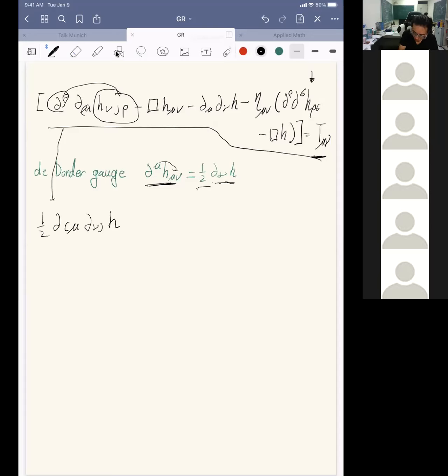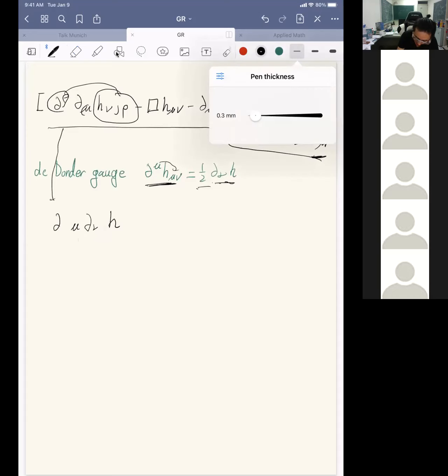But of course this is symmetrized, so there's ∂_μ ∂_ν and also ∂_ν ∂_μ. That just means there's an overall factor of 2, and I can erase this symmetry factor.